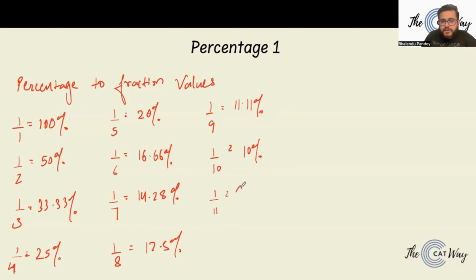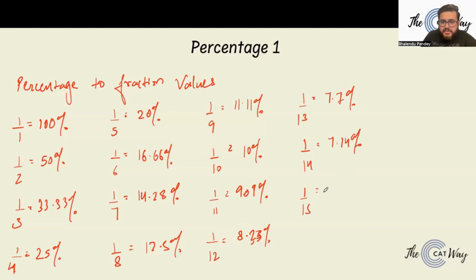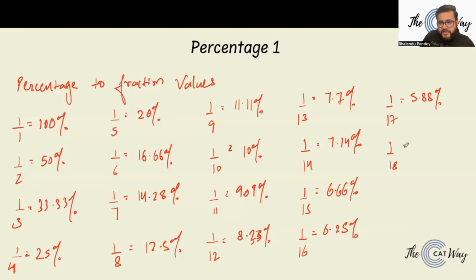1 by 11, 9.09%. 1 by 12, sorry, 8.33%. 1 by 13, 7.7%. 1 by 14, 7.14%. 1 by 15, 6.66%. 1 by 16, 6.25%. 1 by 17 is your 5.88%. 1 by 18 is your 5.55%.